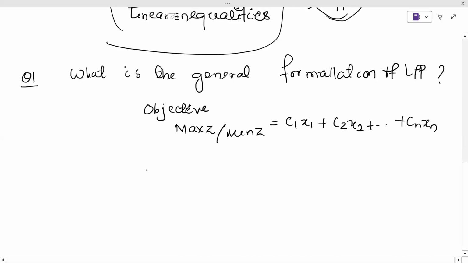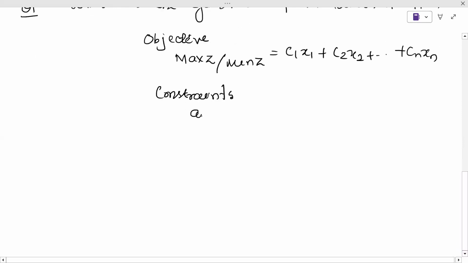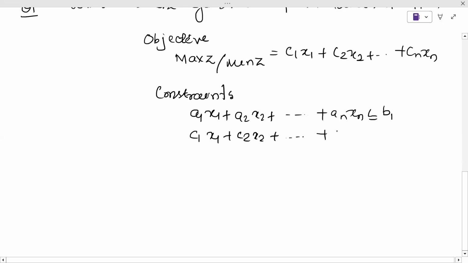And the linear inequalities are constraints. We define here A1x1 plus A2x2 plus ... plus Anxn is less than or equal to B1. C1x1 plus C2x2 plus ... plus Cnxn is less than or equal to B2.